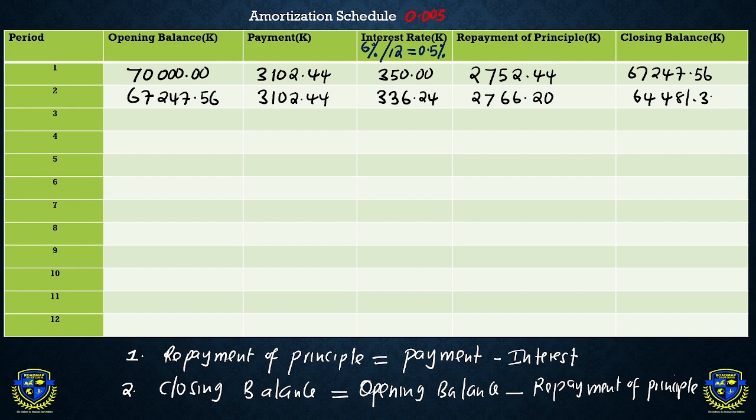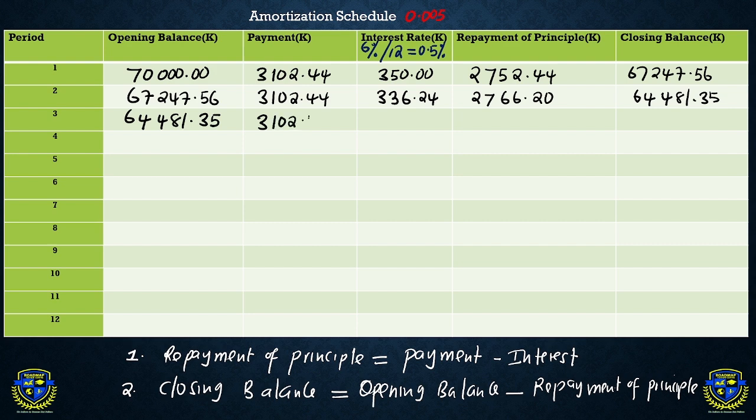Okay, so the difference of the opening balance and the repayment of principal is going to give us 64,481.35. So we continue. The closing balance here is going to be 64,481.35. The equal payment still remains the same.